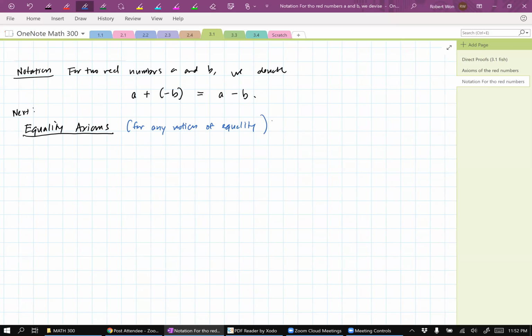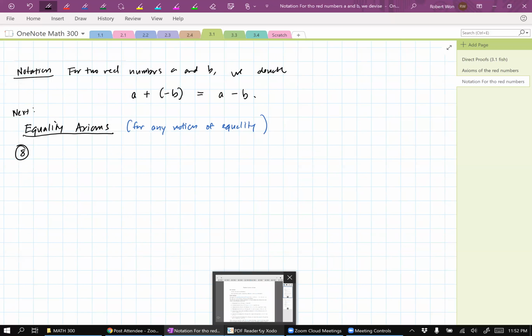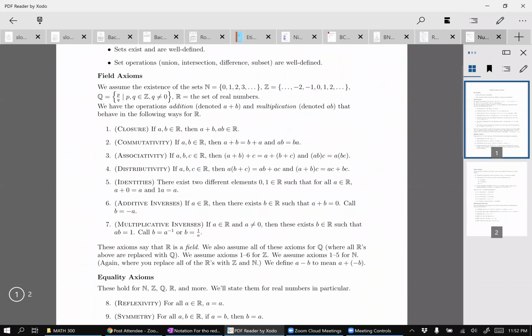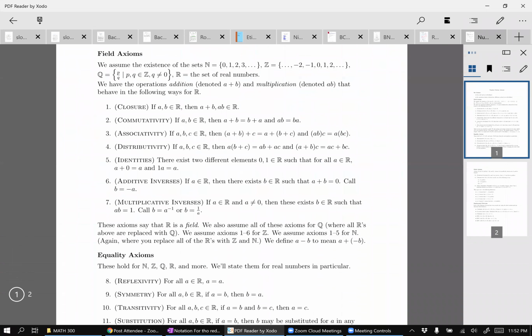Okay, so for example, we defined what it meant for 2 sets to be equal. So here I'm going to write down a bunch of axioms for this notion of set equality as well. I'll keep the numbering following what we did before, because if you take a look at the sheet, on your homework or on your exam, you might say, oh, by axiom 9, I can do this, right?